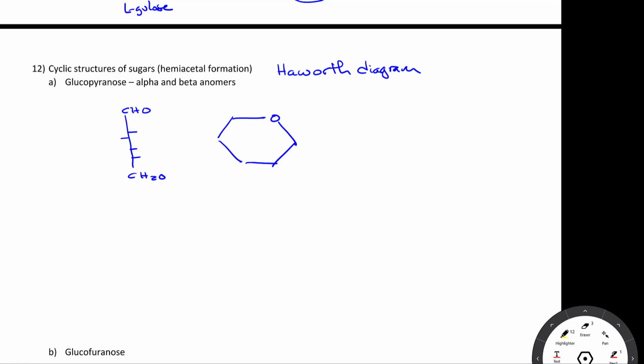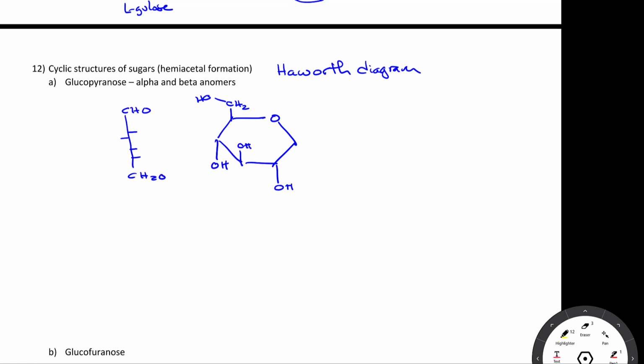There's a couple of things about this structure, and I'll explain to you how you go from one to the other, but it looks like this. And then I should point out that these OHs, right? And that's not an OH, that's a CH2, and then an OH like that. These all have corresponding parts in the open chain form.